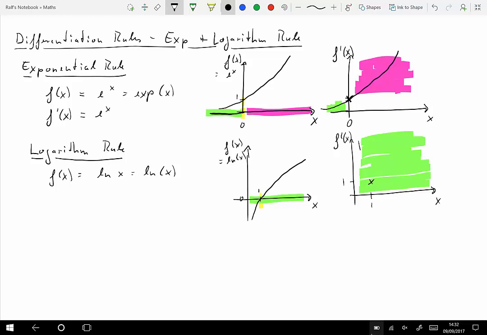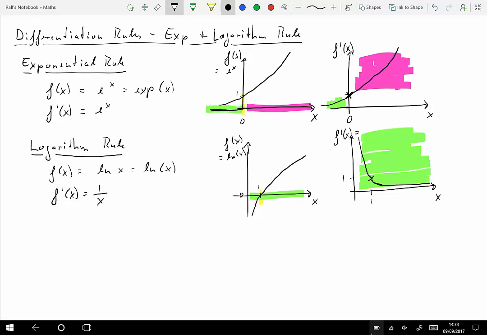At x equals 1, the slope f prime of x is going to be 1. For values of x smaller than 1, the slope is larger, and for x values larger than 1, the slope is smaller and yet remains positive. It turns out the derivative function is 1 over x. So the derivative of the log of x is 1 over x.